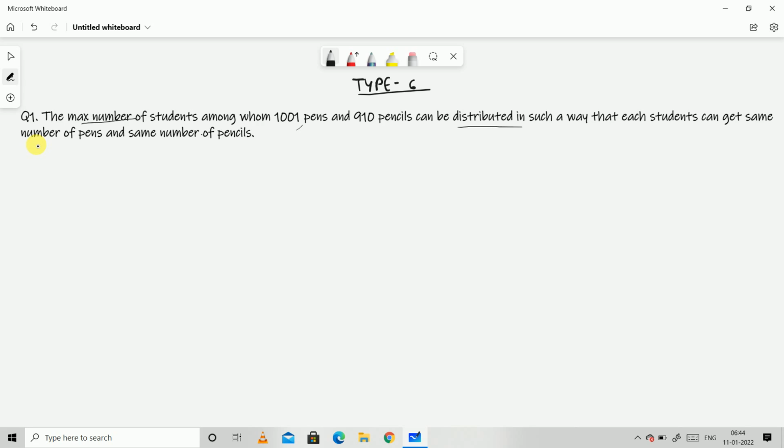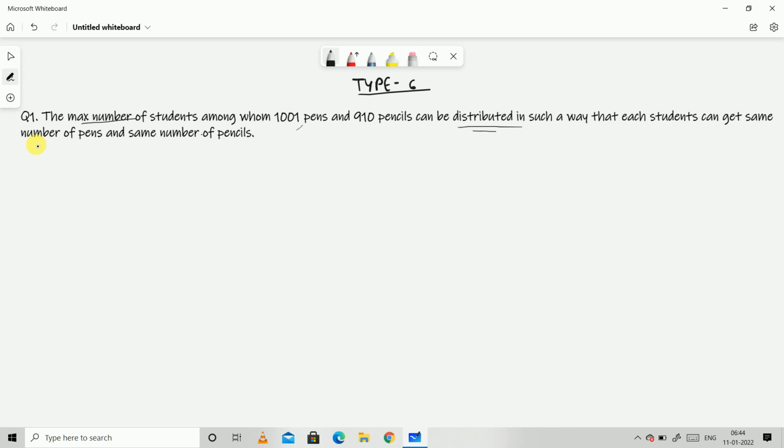So remember this, that whenever a question talks about the max number and distribution, it is obviously asking you for the HCF. Okay, this is a trick to understand when to find the HCF.